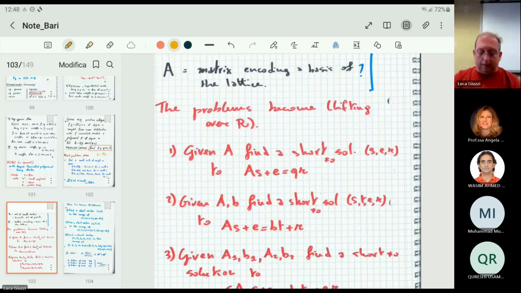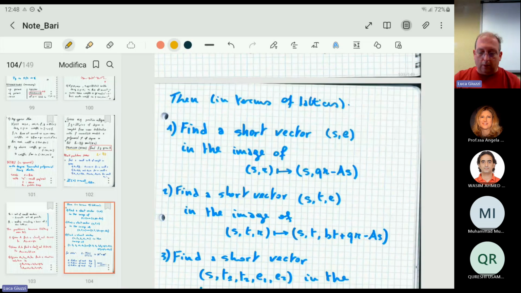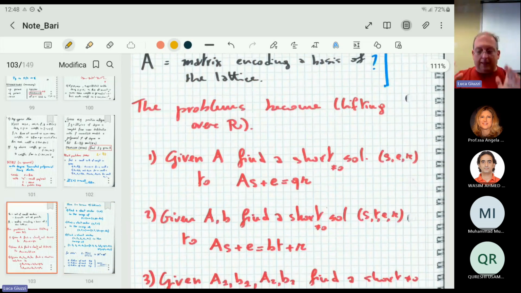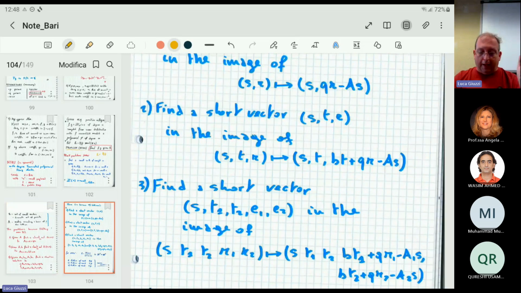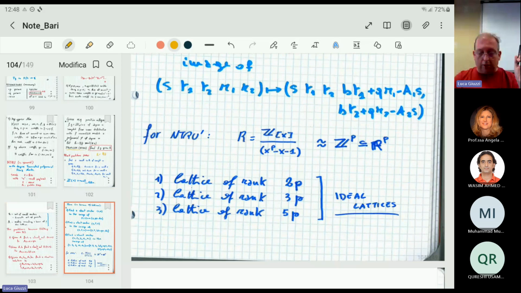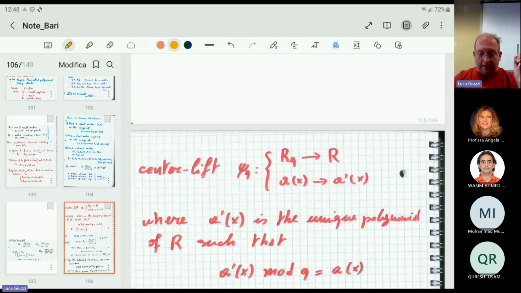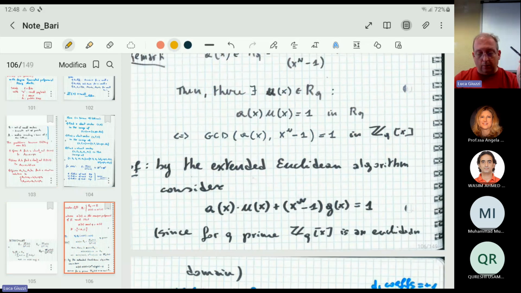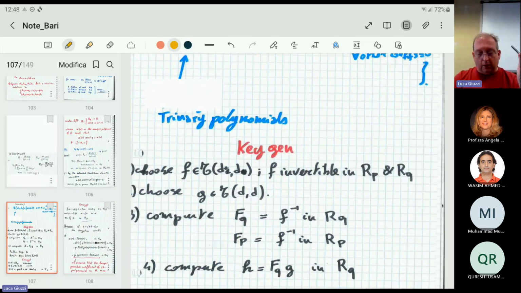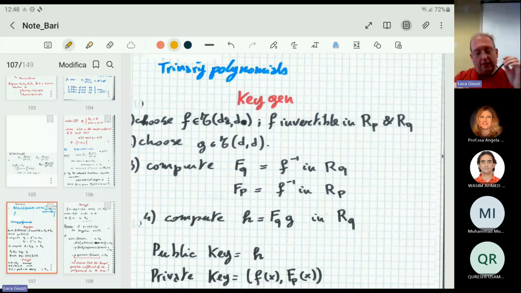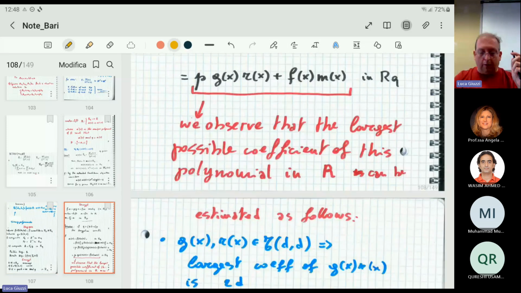The point is to rewrite what we were given before in terms of determining the shortest vector in a lattice. What kind of lattice are we going to consider? This is just NTRU, and this is general NTRU, but now we don't have time for seeing general NTRU. I would rather go on how to solve NTRU with lattices.